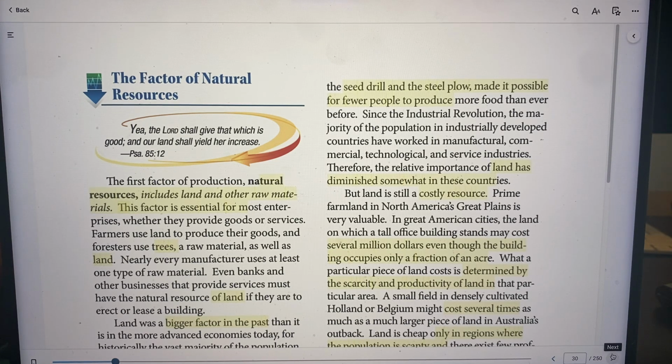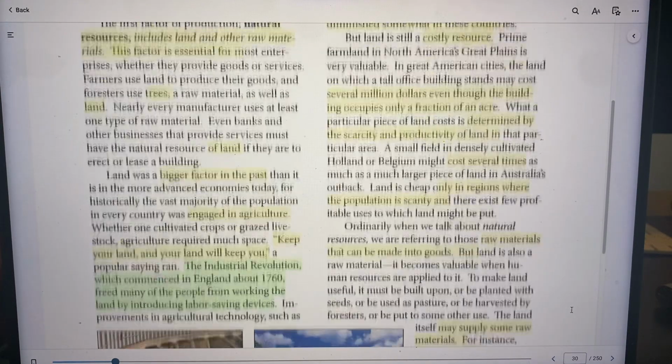But still, you've got to say land is important. It's an important resource. Land is only cheap in areas that have very little population. If you go clear out in the middle of the desert where nobody's living, then of course the land is going to be pretty cheap. Otherwise, land is pretty expensive. And land does provide for a lot of other things too.